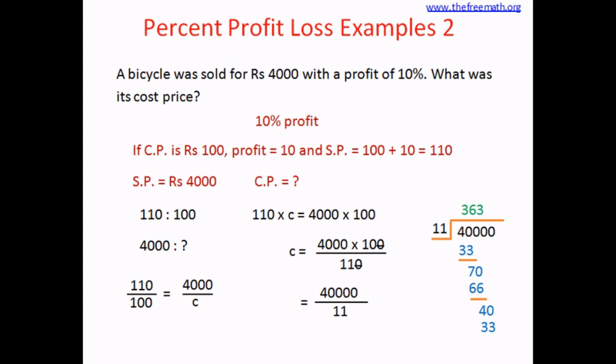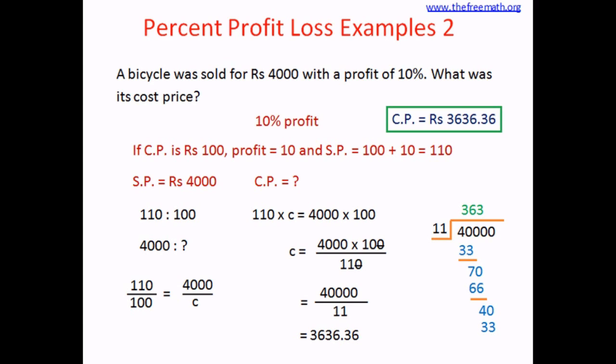If you continue this further, you will see that the quotient is always 3, 6, 3, 6 and so on. So the answer of this division is 3,636.36. That means the cost price CP equals 3,636 rupees and 36 paisa.